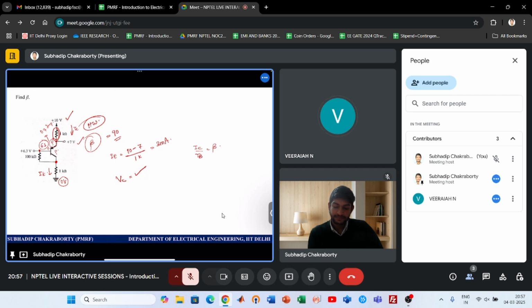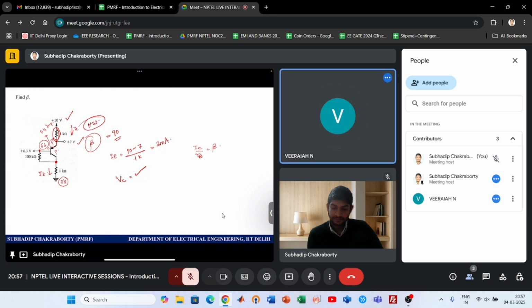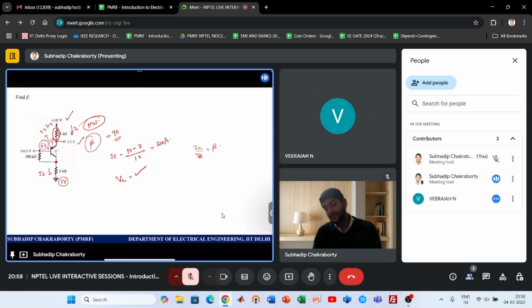Yes, clear? I think this will be IE and this will be IC because this is the base, I think, and this is the collector.